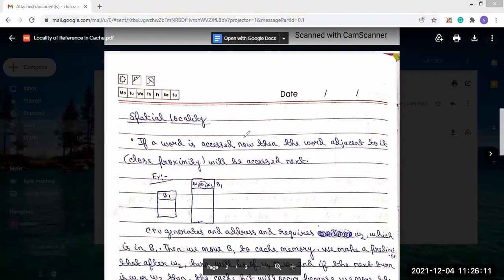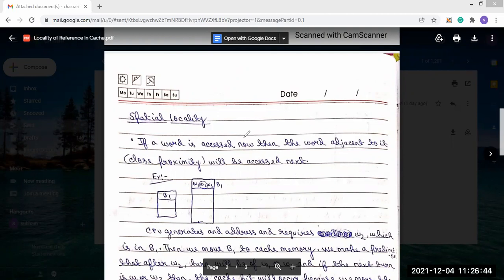Spatial locality, which is related to space, defines that if a word in a particular block is accessed, then the adjacent words of that particular word will be accessed next. As an example, let each block accommodate 4 words. If one word among these 4 is accessed, the adjacent words will be accessed next.